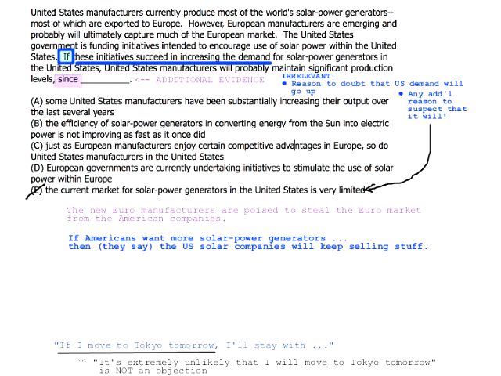Greater demand. Yeah, see, that's the thing. Now that there are going to be these European solar companies, we don't know if Americans are going to start buying from them instead. So the way this argument works, it's just making this random connection: the increased demand means Americans are going to buy more solar power generators.